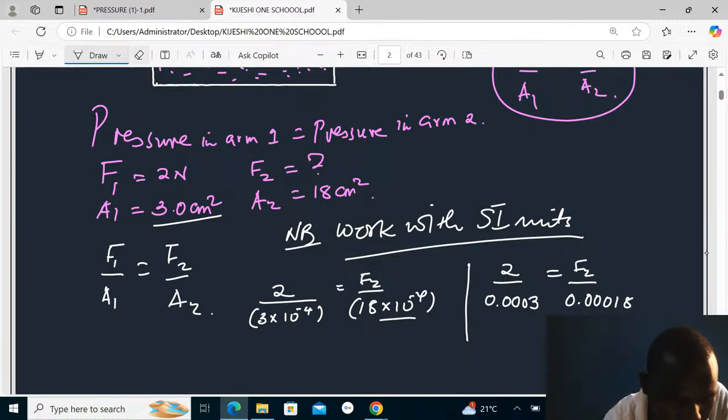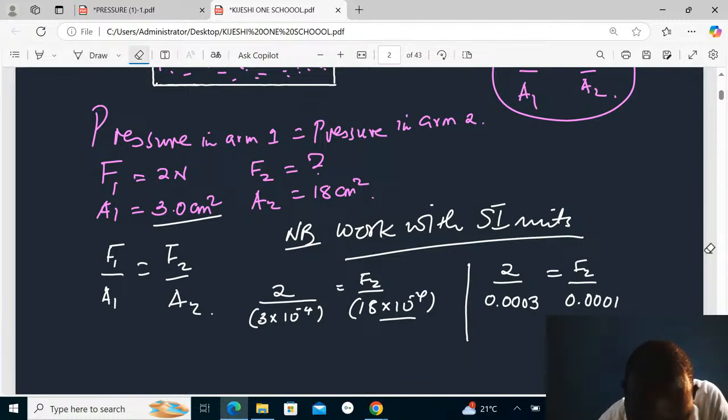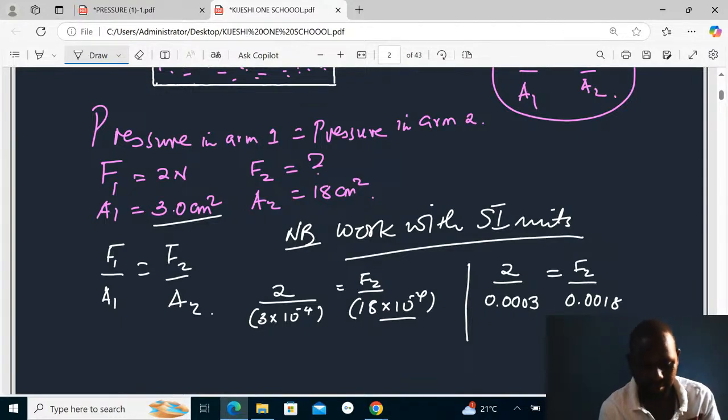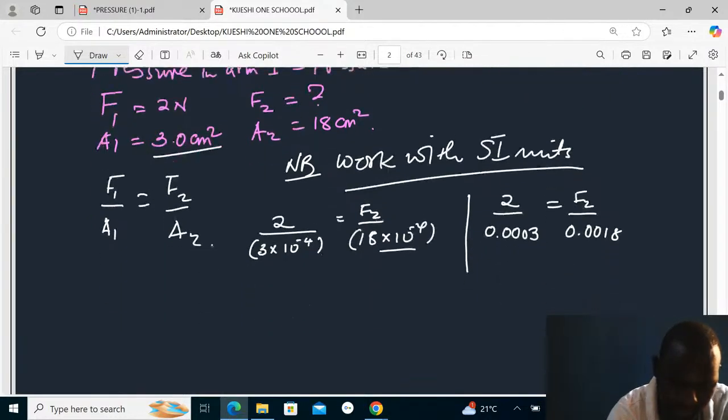One zero is not supposed to be there, so it becomes 0.0018, like that. Then now we can solve.